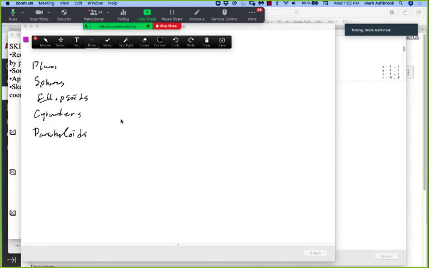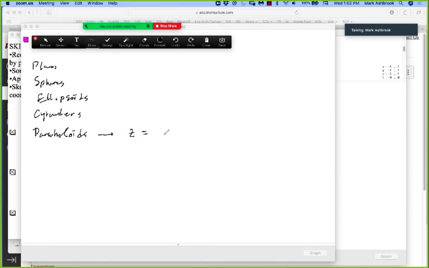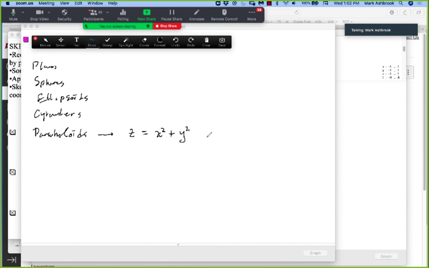Okay, and so with paraboloids, we said that the reference paraboloid, we worked out this one, and then we saw that there were all these transformations of that, right? There were three transformations.